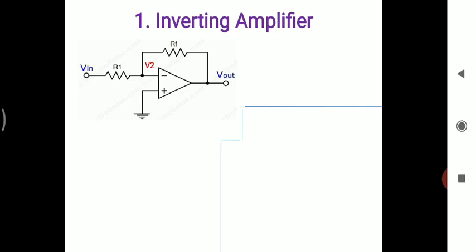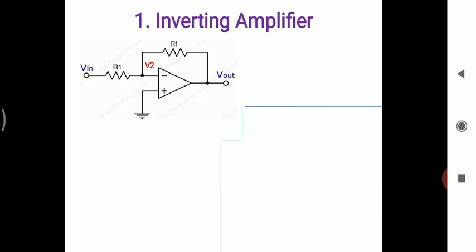Since the input voltage Vin is connected to the inverting or negative terminal of the op amp, it is called an inverting amplifier. And the non-inverting, that is the positive terminal of the operational amplifier, is connected to the ground. You can see the circuit diagram here.